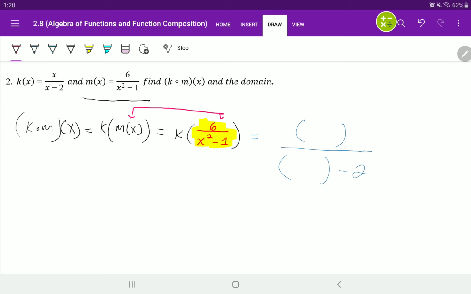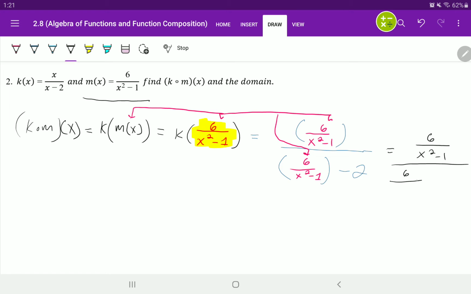And inside of my open parentheses, I'm going to substitute 6 divided by x squared minus 1 into my function. So now on top, I have 6 over x squared minus 1 divided by 6 divided by x squared minus 1 minus 2.